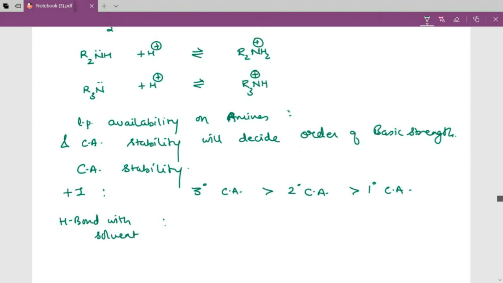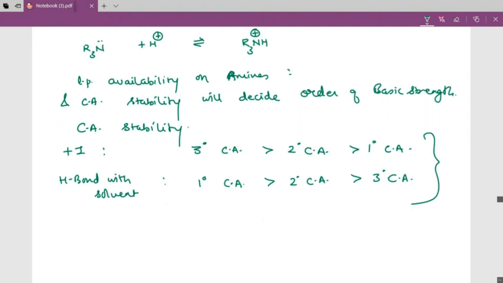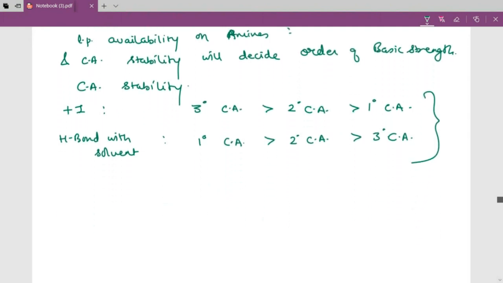If it is there, then definitely solvation will increase the stability of the conjugate acid. For that, the 1-degree conjugate acid is more stable, then the 2-degree, and then the 3-degree conjugate acid. Now, these are two contradictory orders. The total dependence is on experiment. 2-degree is always best, whichever dominates.